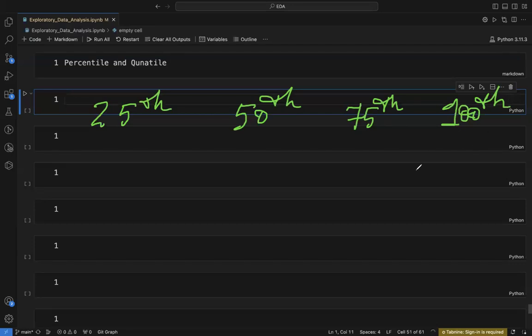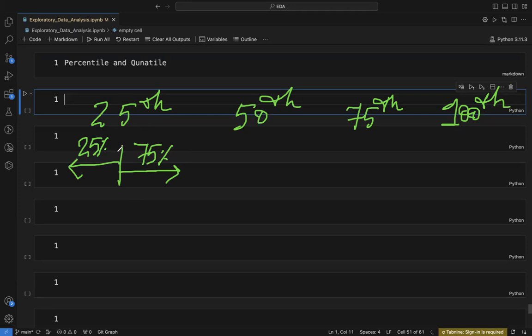These are percentiles. So what is the 25th percentile telling me? This is telling me that 25% of my values are less than this, and 75% of my values are greater than this value.